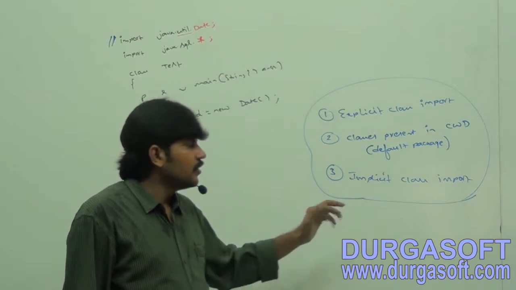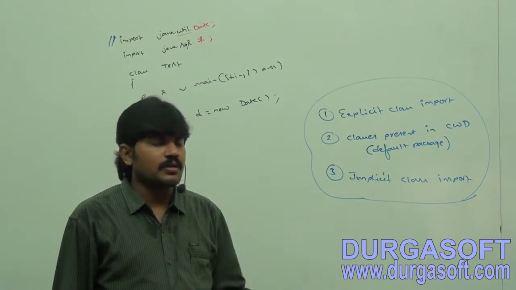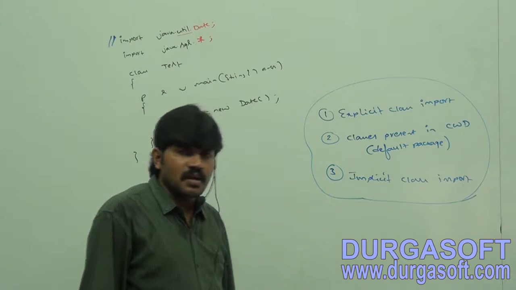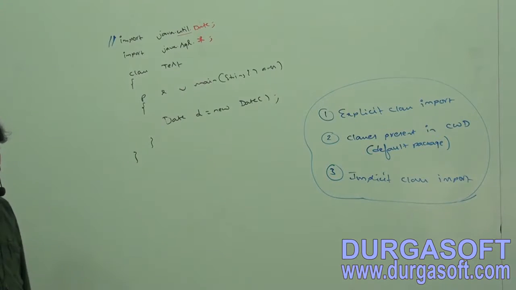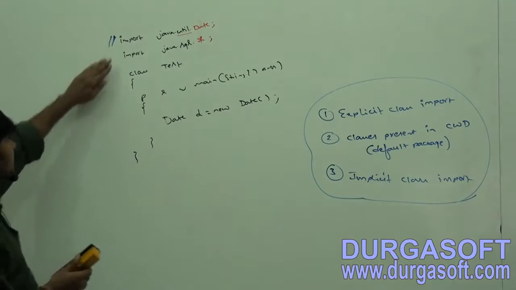Third one, implicit class import. That's all. Now take this example.